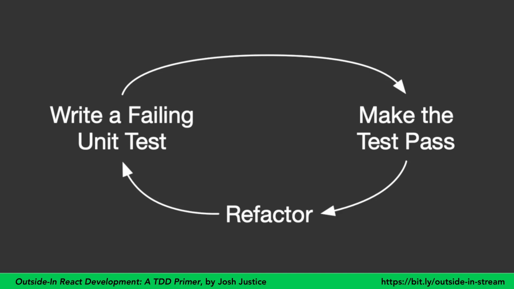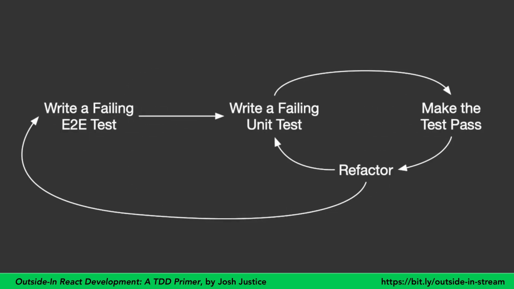As we're going to be going through, and as the book describes, is another kind of approach called outside-in test-driven development. And this approach adds a second loop called the end-to-end testing loop. So in this approach, first you write a failing end-to-end test or acceptance test. Then, in order to get it to pass, you go into the inner loop and you do a loop of writing a failing unit test, making it pass, and refactoring every time you get an end-to-end test failure.